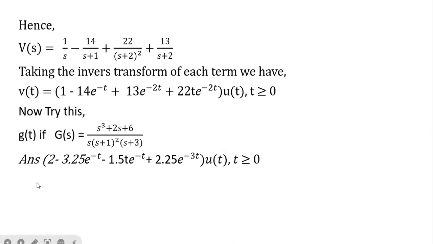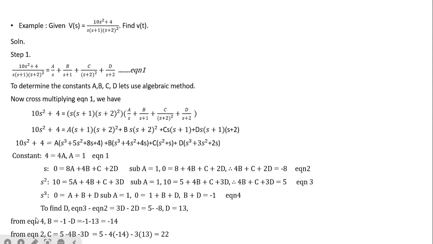So now from those equations, we want to find d. So our d, how do we find d? We can find it by saying equation 3 minus equation 2. This is equation 3, this is equation 2. If you subtract, you're going to have 5 minus 8. That should give you 13.